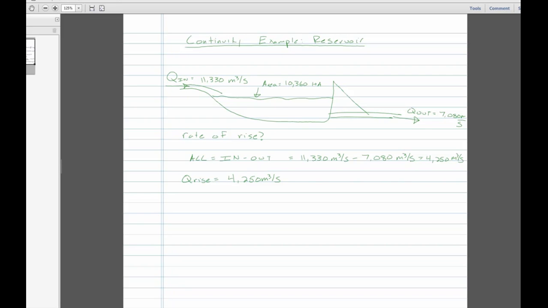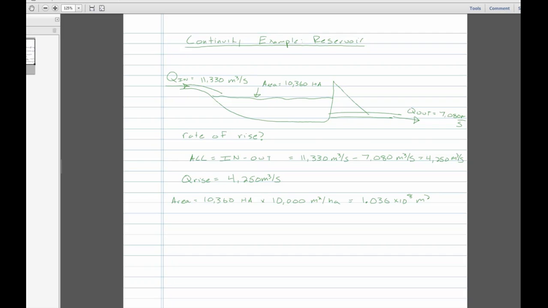Now, taking into account the area, for an area of 10,360 hectares, the unit of a hectare is probably unfamiliar to many of you. There are 10,000 square meters in a hectare. So that works out to, for this reservoir, a surface area of 1.036 times 10 to the 8th square meters.